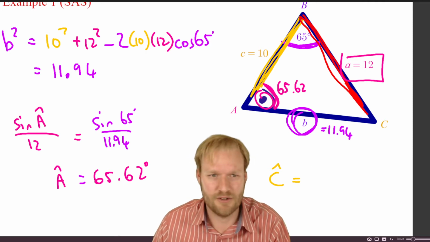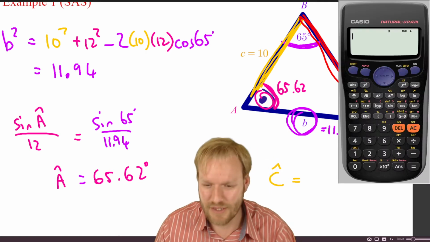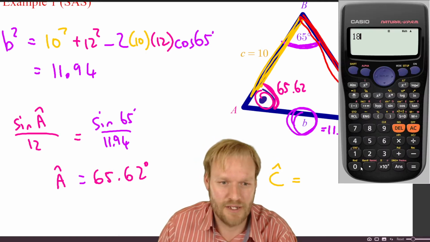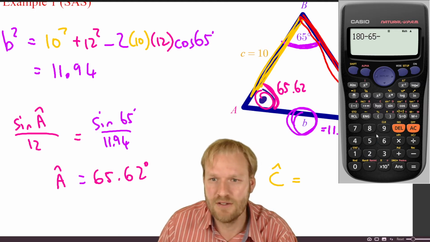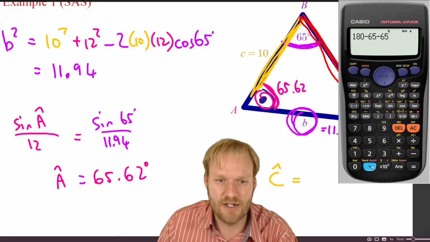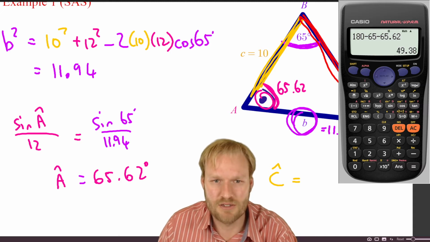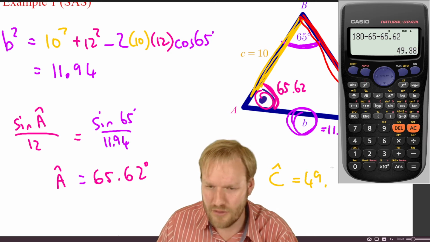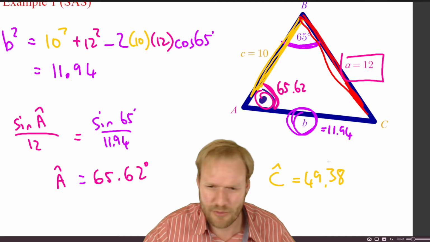Let's see. I'm going to go 180 minus 65 minus 65.62 equals 49.38. And let's just double check that our triangle makes sense.